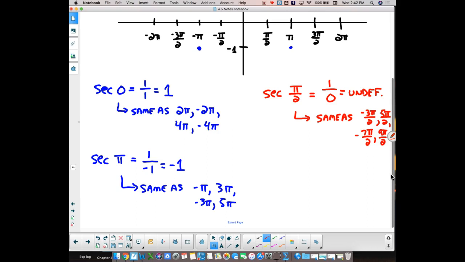What about the secant at 3 pi over 2? One over 0 again, right?